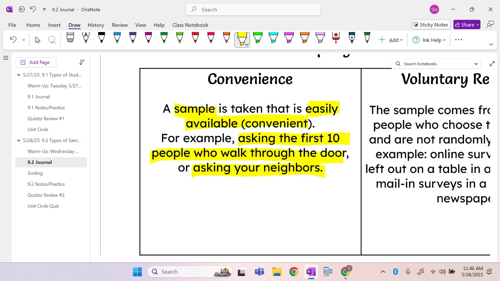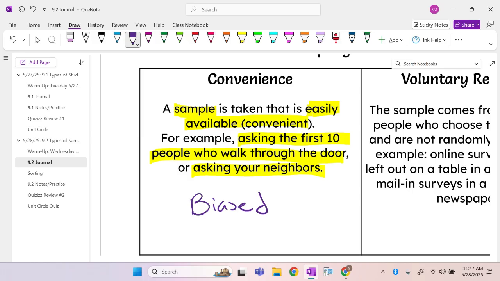Now, here's my question to you guys: would that be a biased study or an unbiased study? Oh, it's definitely biased. So this definitely is a biased study or a biased sample, because since it was so convenient for us, it can swing in a certain direction.